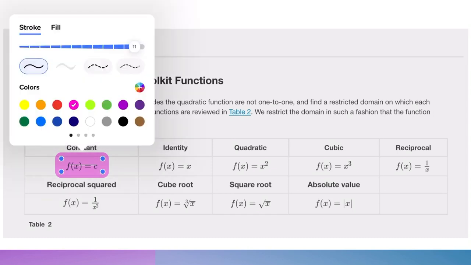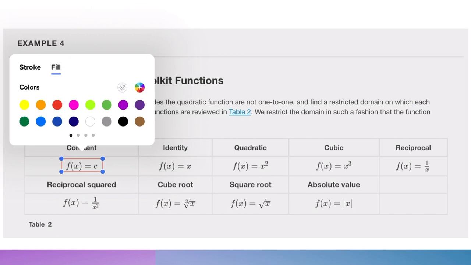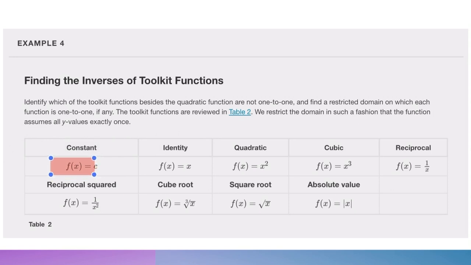The identity is a diagonal line, so that one should be okay. I know it said besides the quadratic, but I'm going to go ahead and identify the quadratic. Cubic would pass the horizontal line test. The reciprocal function, I think, would pass the horizontal line test. I think this one would fail.